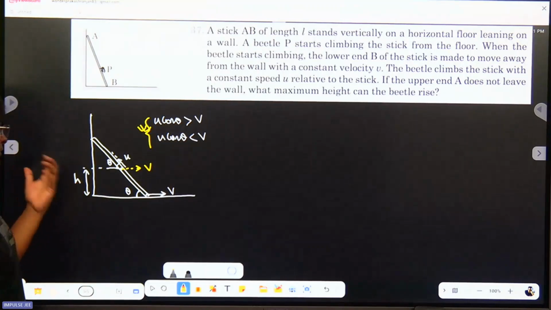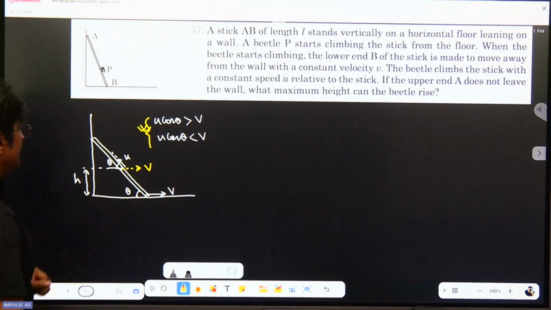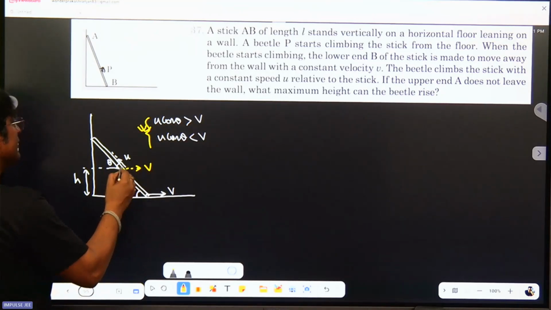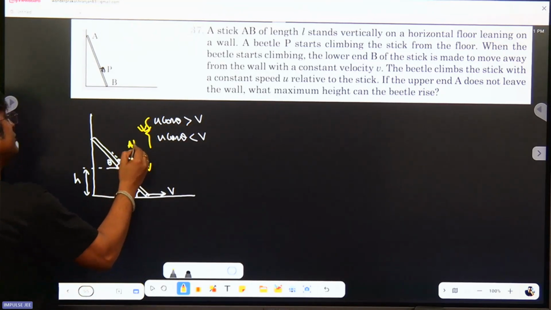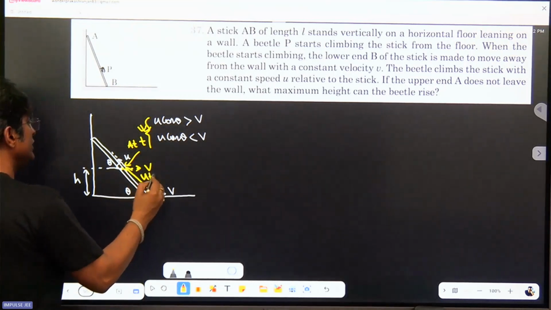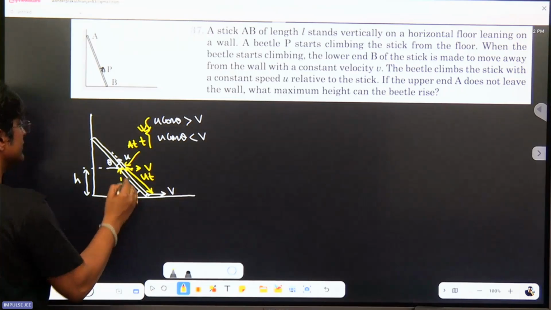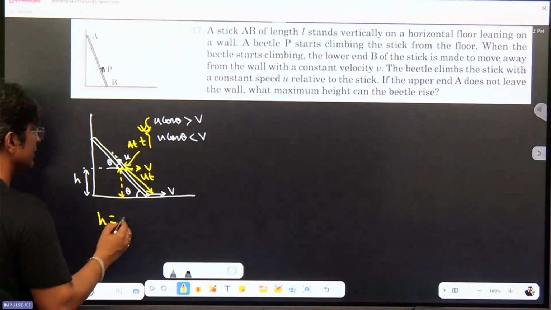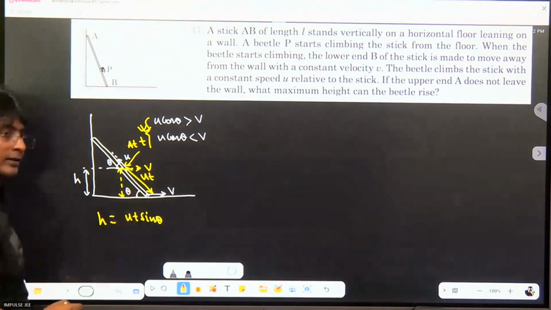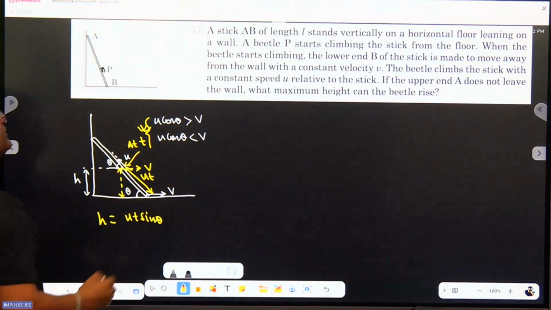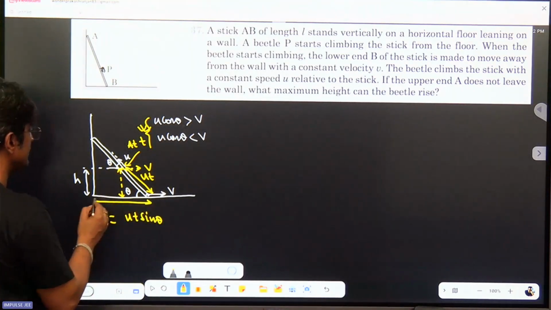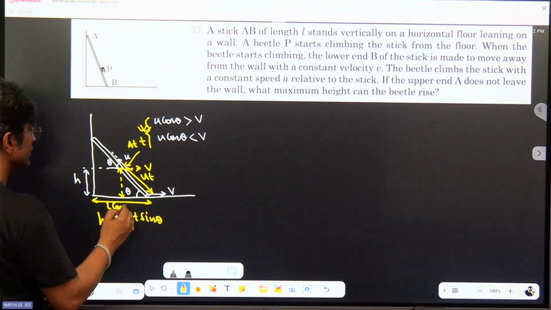So I am going to solve this question from geometry. At any instant, say t, the beetle is here at time t. So the distance traveled by the beetle will be ut, and this height h is nothing but ut sin theta. Since the length of this stick is L, this distance will be L cos theta.